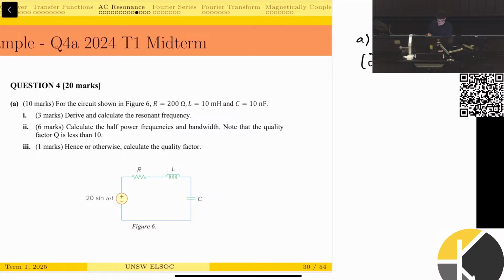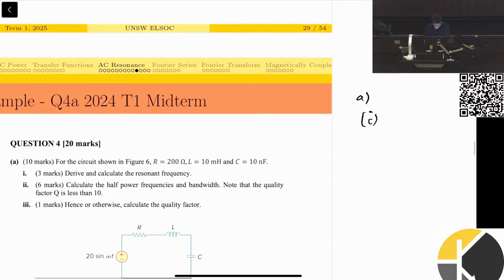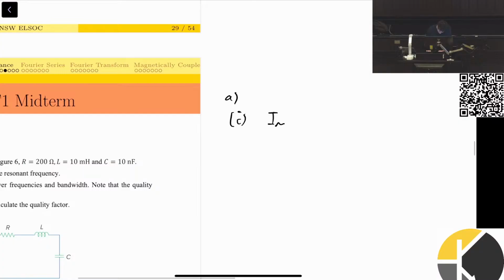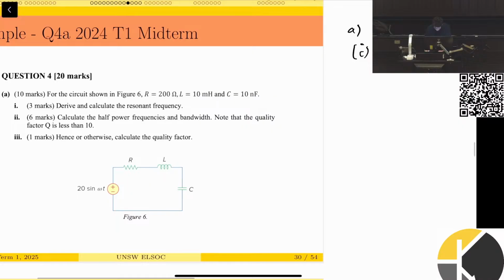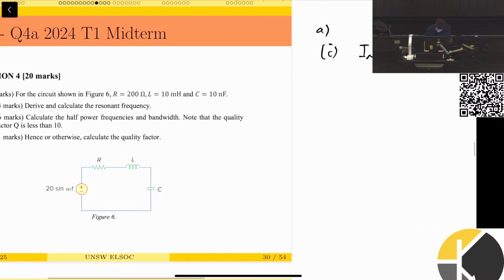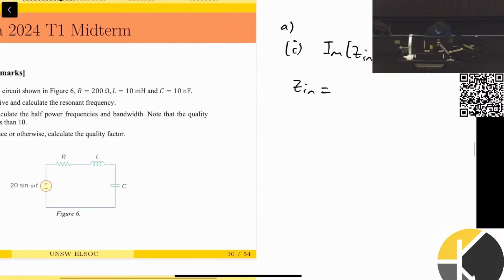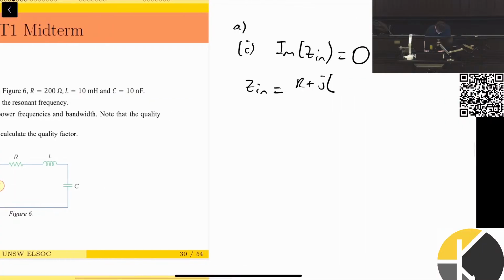Derive and calculate resonant frequency. Okay. Remember our resonant condition. That is the imaginary impedance input is equal to 0. Right? And when we do that, we can figure out in this circuit what Z in is. Z in is equal to R plus j(omega L minus 1 on omega C).